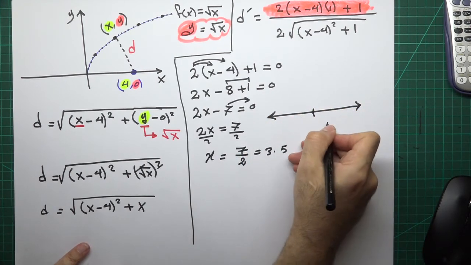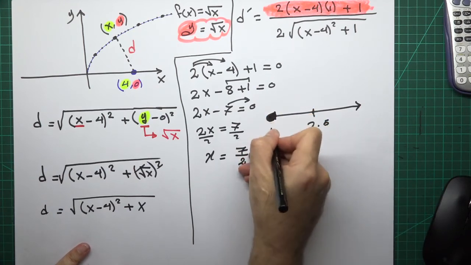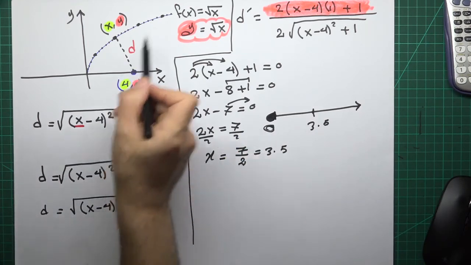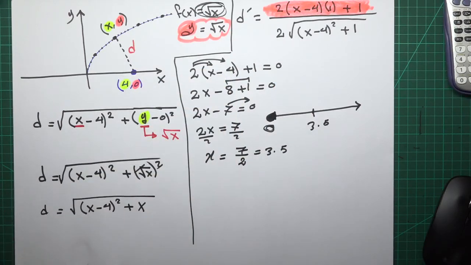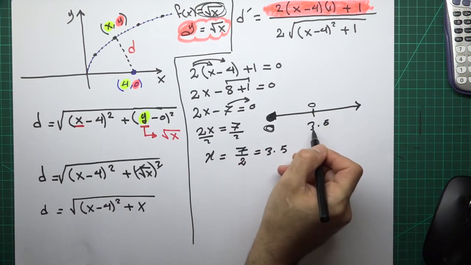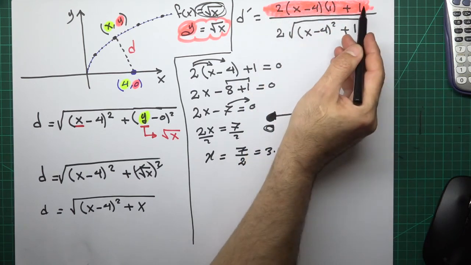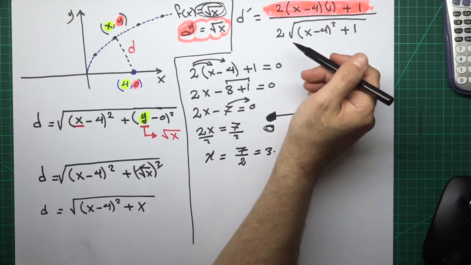I have here 3.5. I would say I want to start only from zero, because x cannot be negative, as you can see, I have square root of x. We cannot take negative values for x. So I will choose something greater than 3.5, let's say 4, and plug in here, in the part highlighted in red. Do not care about the denominator because the square root is always positive, it does not give negative.